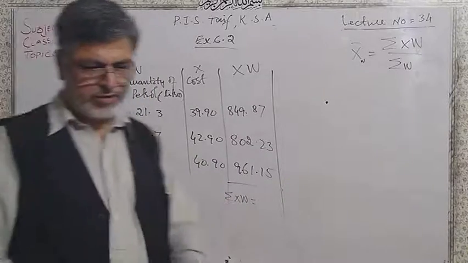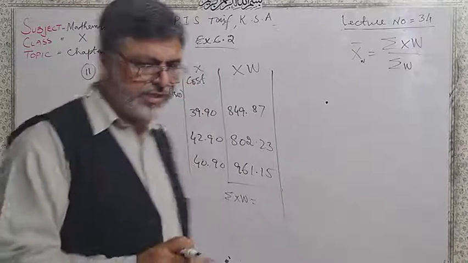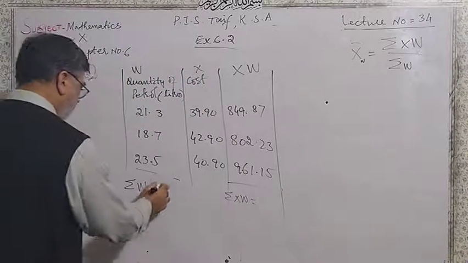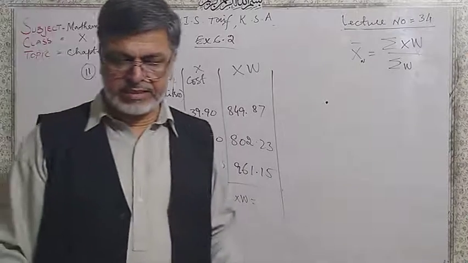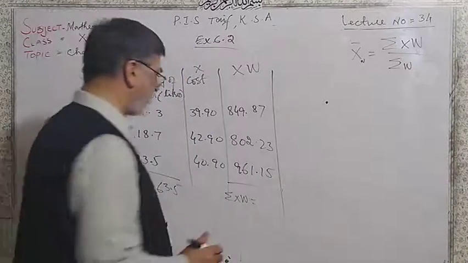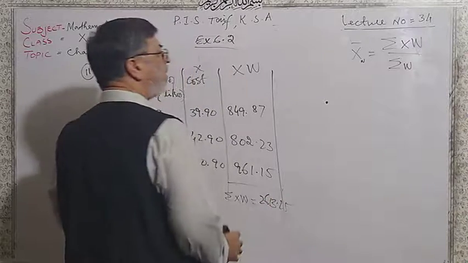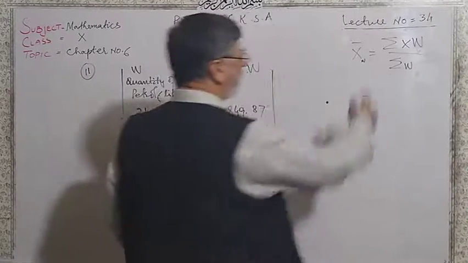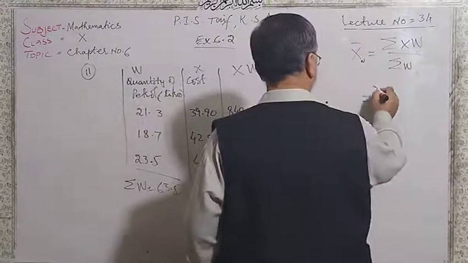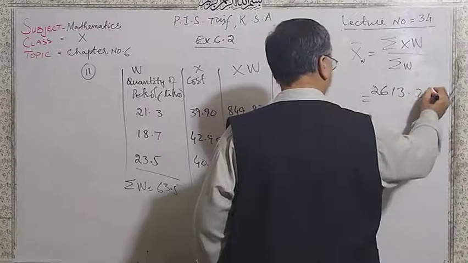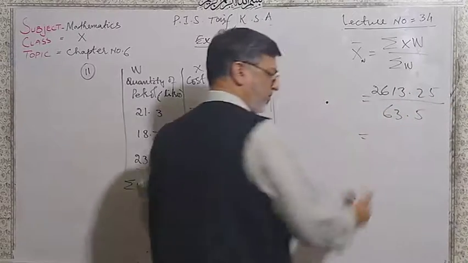Remember that when you add these values, sigma w is 63.5 and sigma xw is 2613.25. Now you will apply the values here in the formula. Sigma xw 2613.25 divided by 63.5.